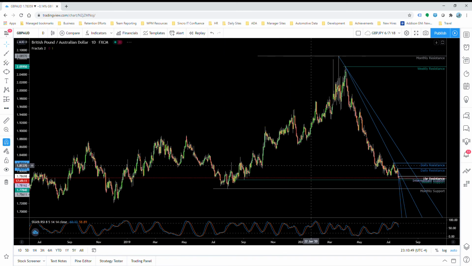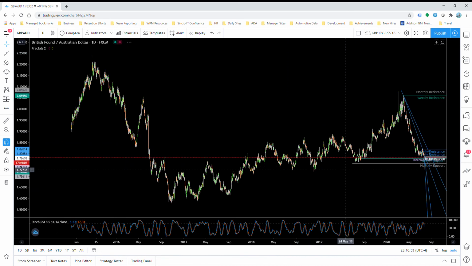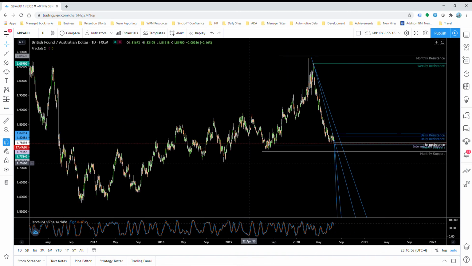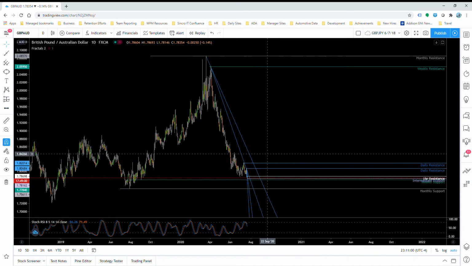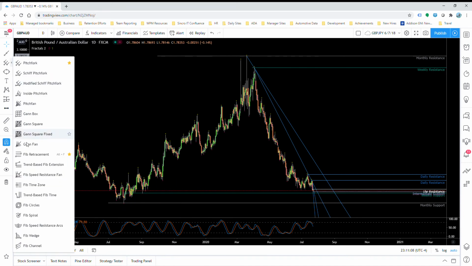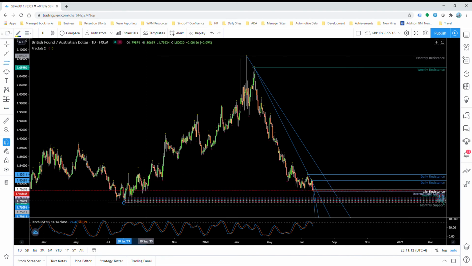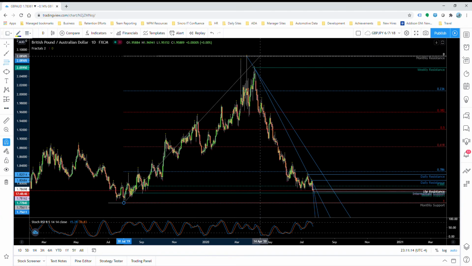So what we want to do is come back to the low point, and we'll take this area here as our most recent low point here. Alright, and we'll draw Fibonacci from the swing low, right, to our swing high.